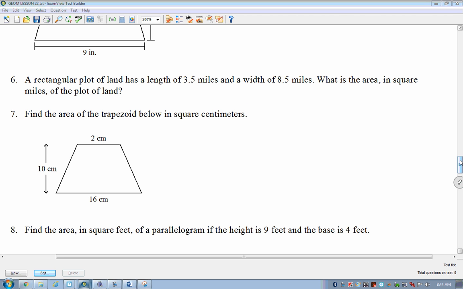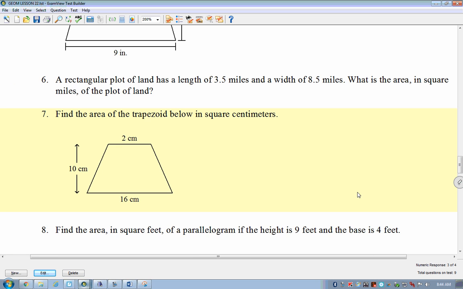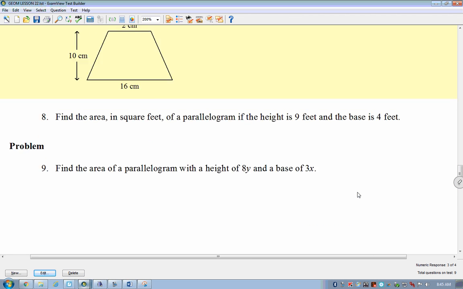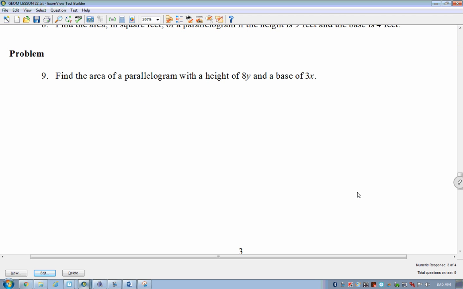Okay. Do we feel like we've got a handle on the trapezoids? Good, because I think they've come up quite a bit. Do we have a handle on our parallelograms? Okay, good. Let's look at question number 9, where it's not just straight numbers. Right, we've got a parallelogram here. It's got a height of 8y, a base of 3x. What do we want to do with those two things? 8y times 3x.